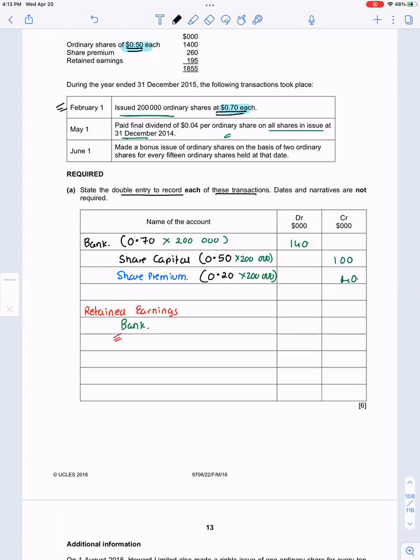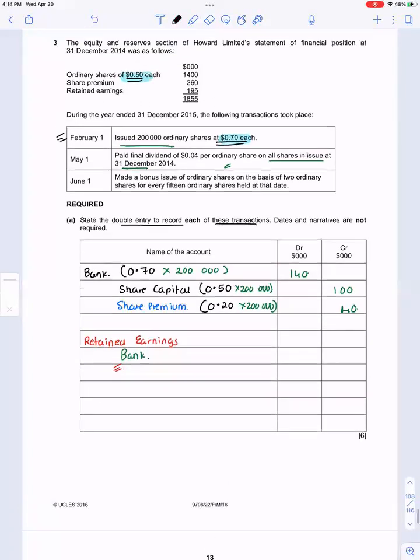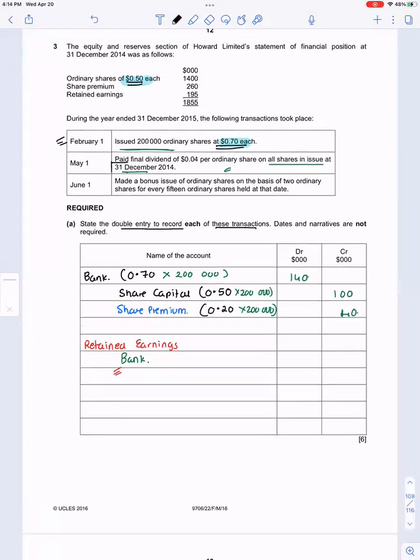Now, the question is, what is the amount of dividend that you paid on how many shares? You have paid dividend on all the shares at 31st December 2014. That means you paid dividend only on these shares.